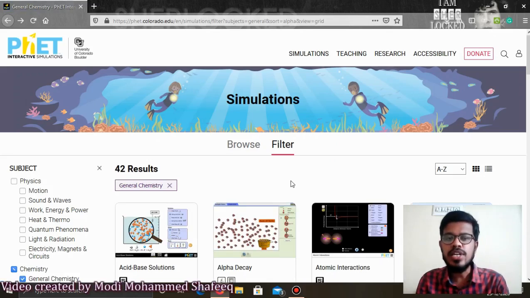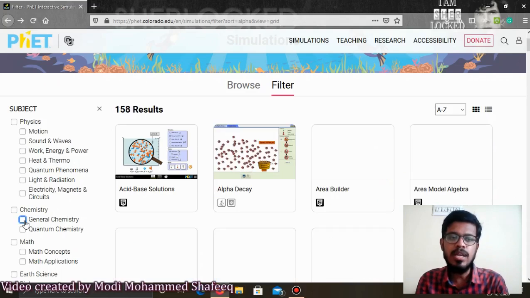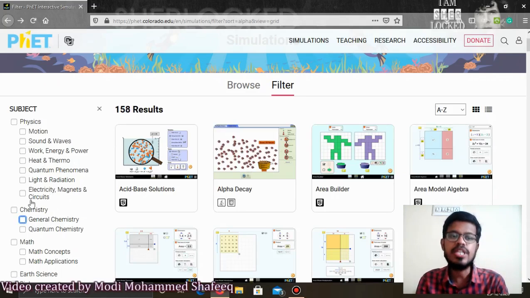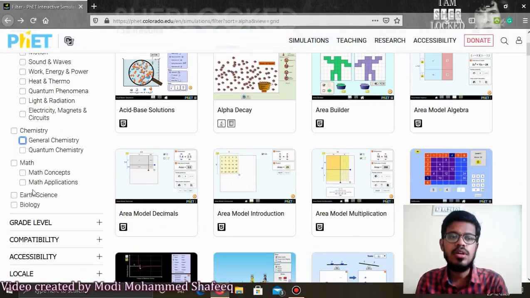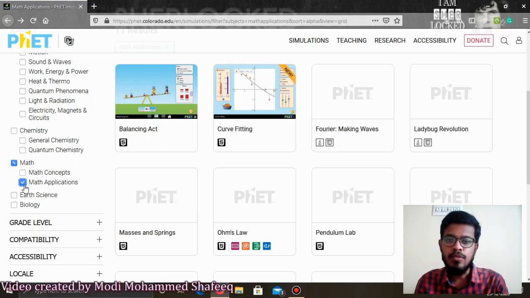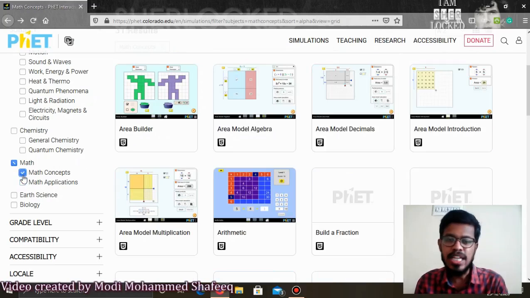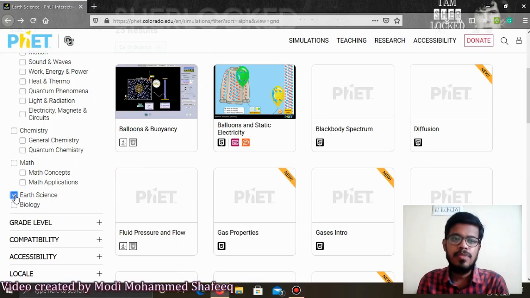Not only chemistry concepts, in chemistry itself 42 simulations are available. Likewise in physics you can see so many topics. Even in math so many topics are available, like Fourier transformation, pendulum law, Ohm's law. This is somewhat related to both physics and maths, and there are earth science and biology too.